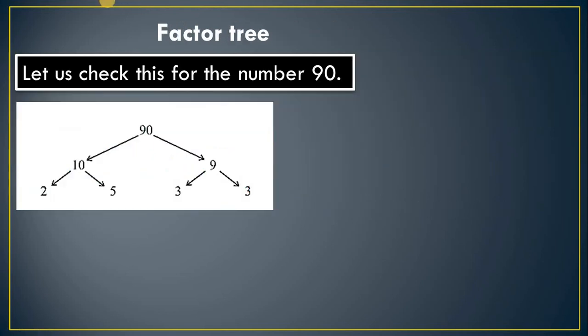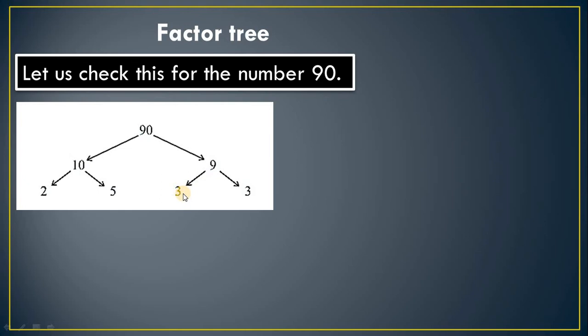The next one is the factor tree. Let us check this for the number 90. In the factor tree or factorization example, 90 can be broken like 2 into 45, 10 into 9, like that. Then you can break 10 as 2 into 5, and 9 as 3 into 3. In this way you can produce the tree diagram.